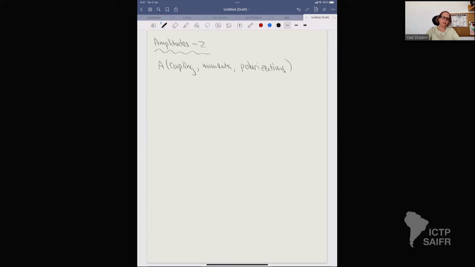And at least for massless particles, we said yesterday that we can write both the momenta and polarizations in terms of massless spinors. So that gives us a unified description of all the amplitudes.